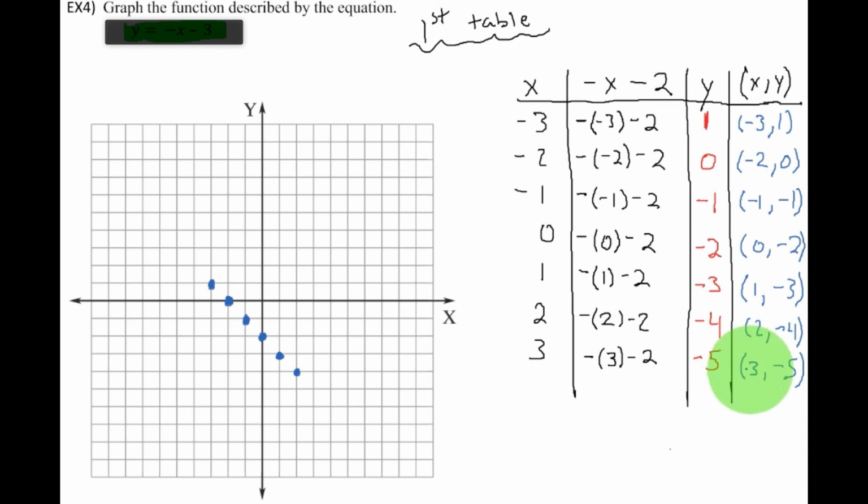And finally, my next ordered pair is 3, -5. Starting at the origin, I'll move out 3, 1, 2, and 3. Then move down 5, -1, -2, -3, -4, and -5. Now I feel like I have enough points plotted on this graph. If you wanted more, you could definitely do so.